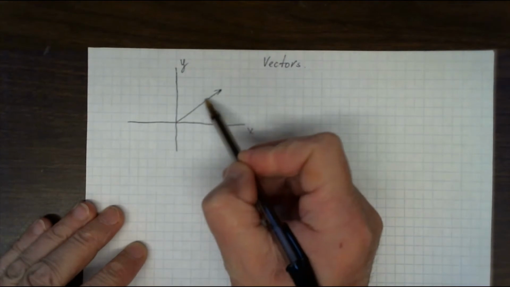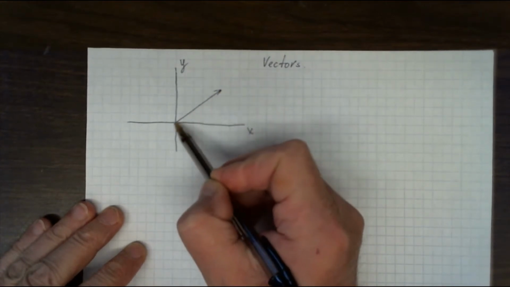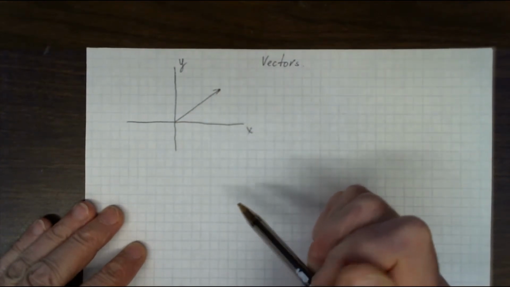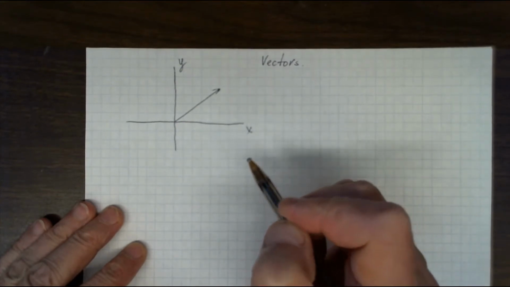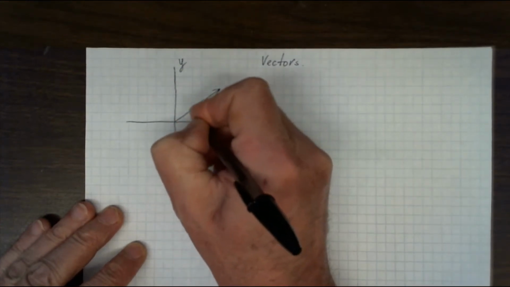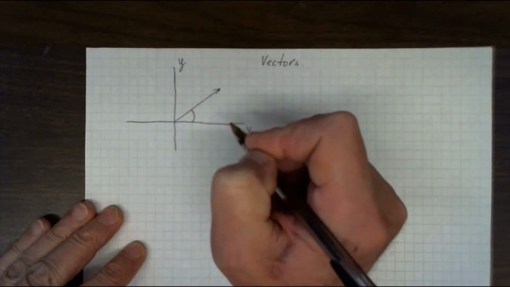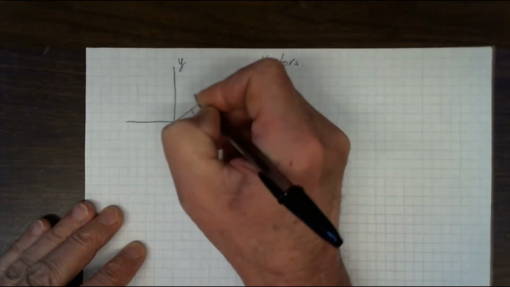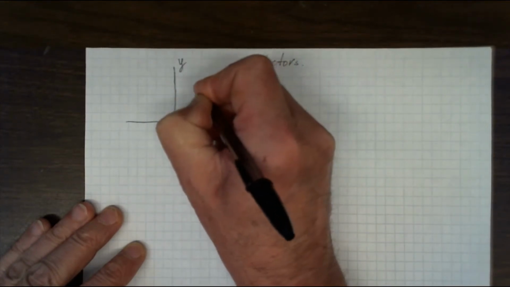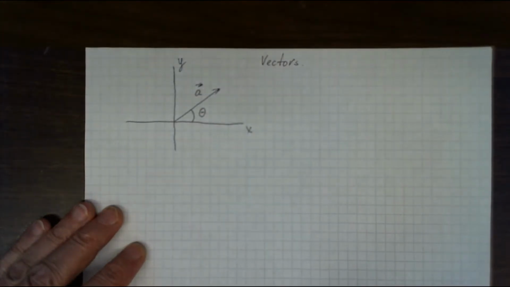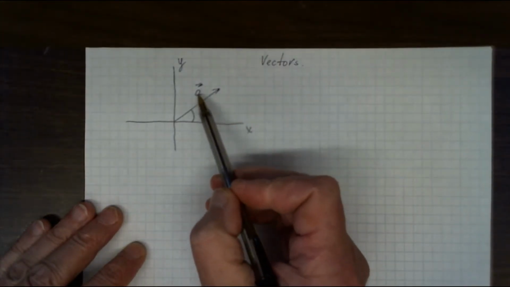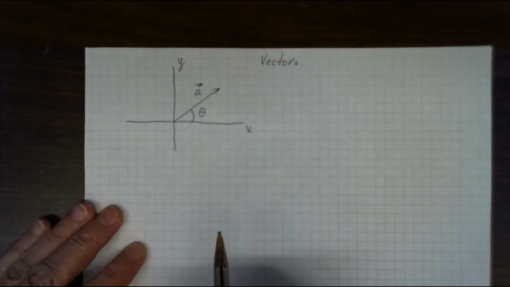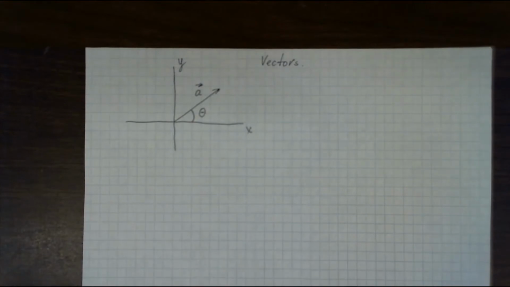So the length of this arrow is proportional to the magnitude of the vector, and the angle the vector makes with the positive x-axis, let's call it theta, and the vector is normally shown as a letter with a little arrow. This angle theta determines the unique direction of the vector in space.